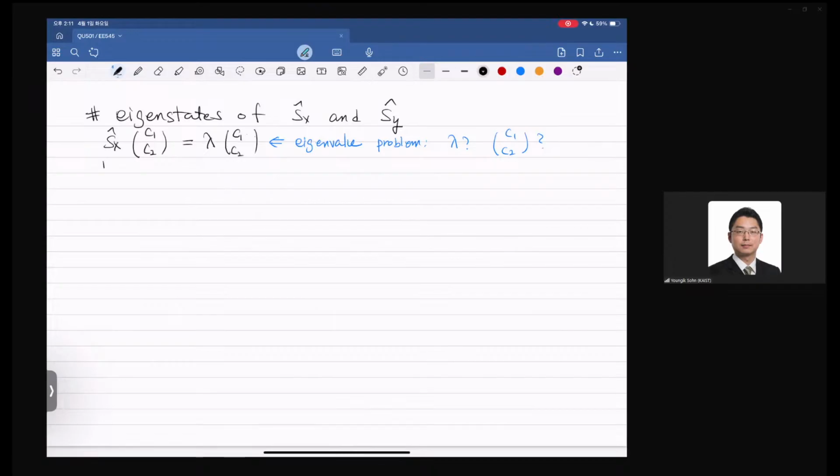We know Sx is what? It's this one. Something wrong with my iPad, sorry.